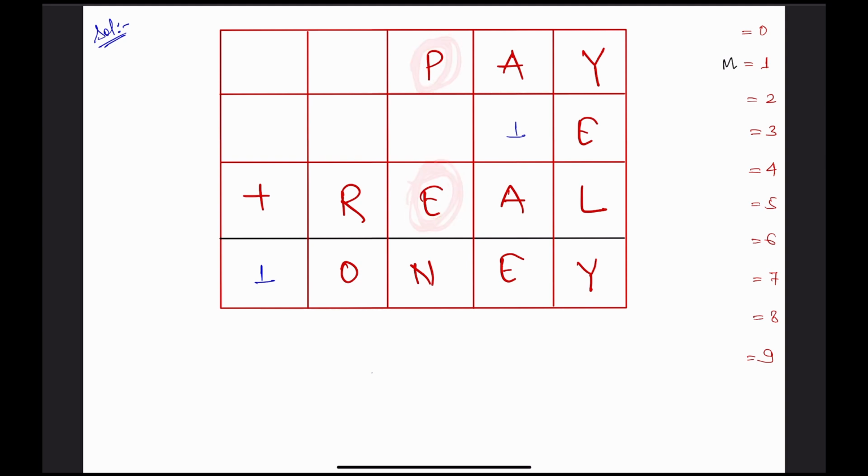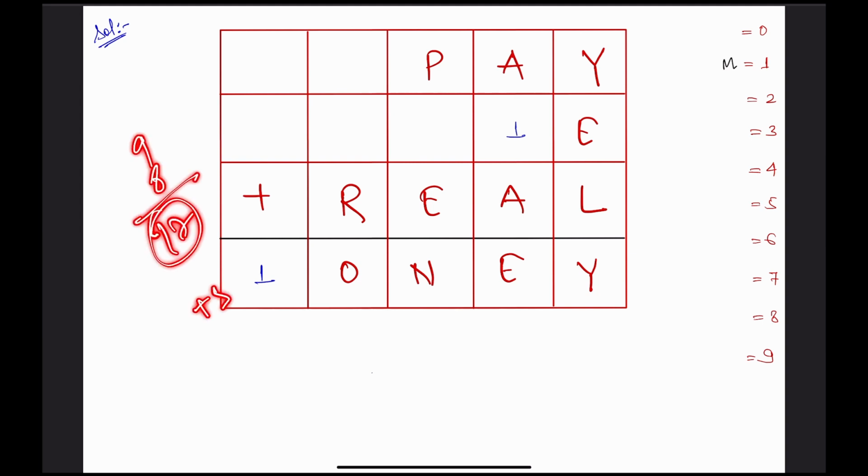If I add two numbers, what is the maximum carry I can get? P and E maximum 817, so only 1 I can get over here as carry.